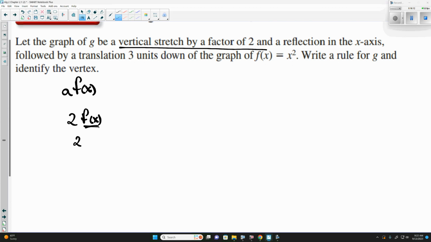We didn't change anything inside the parentheses, correct? So the function stays the same. Well, the function was f of x equals x squared. So we'll plug it in with parentheses and then simplify where needed.